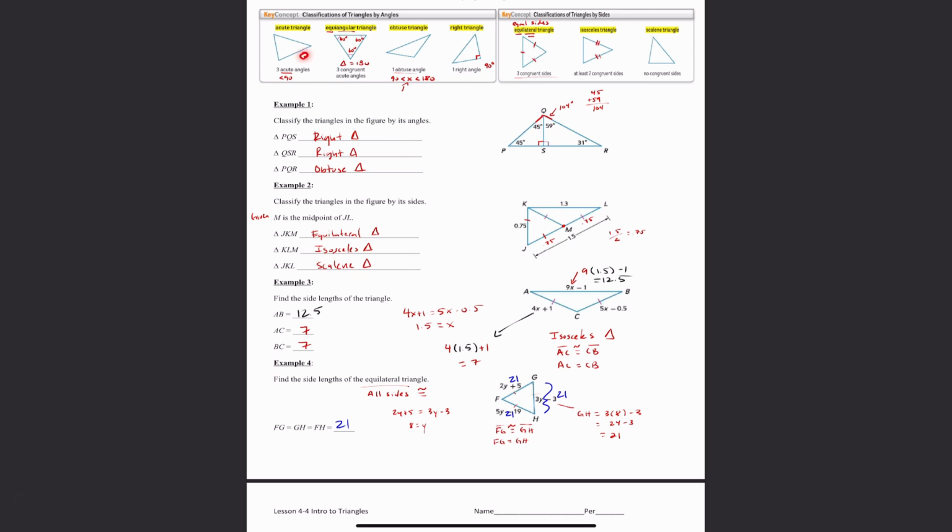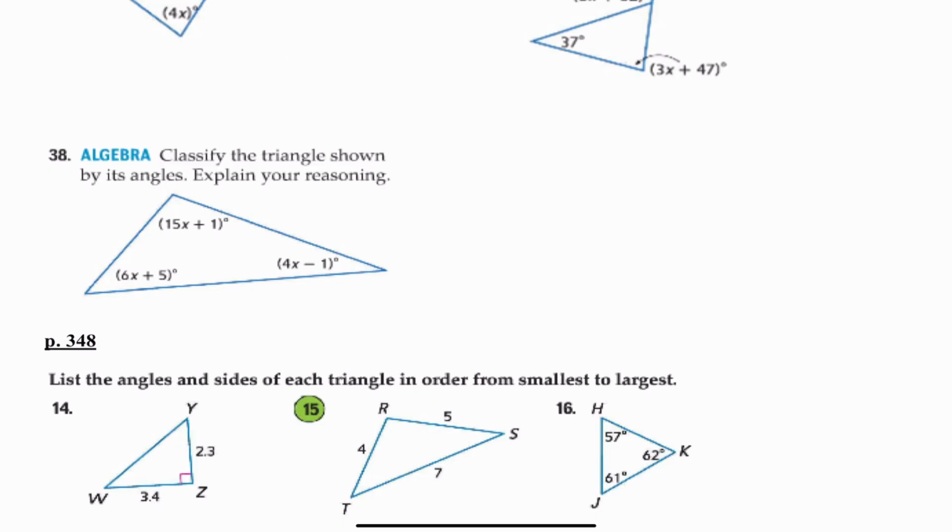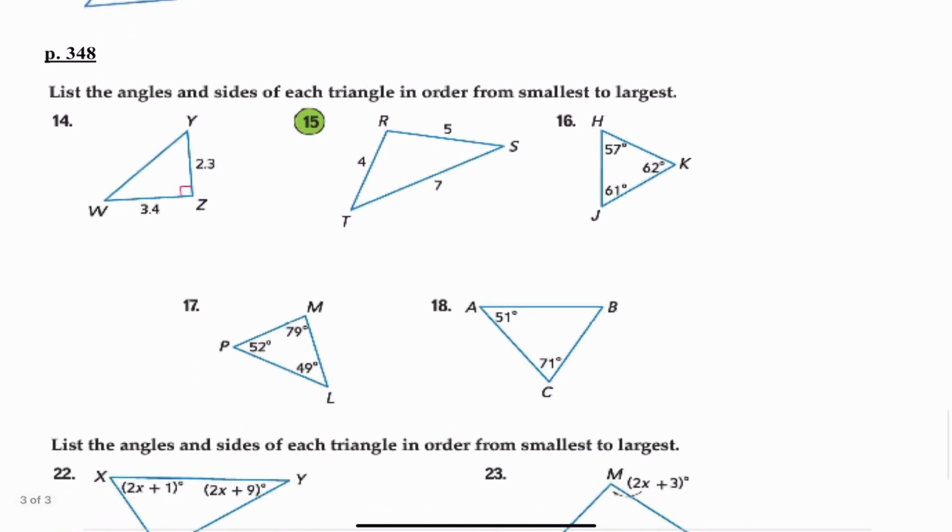You need to tell me if it's acute, equiangular, obtuse, or right. So that means you take these three things, add them up equal to 180, plug them in, and then based on one of the angles, you need to tell me what type of triangle it is: right, acute, obtuse, or equiangular.